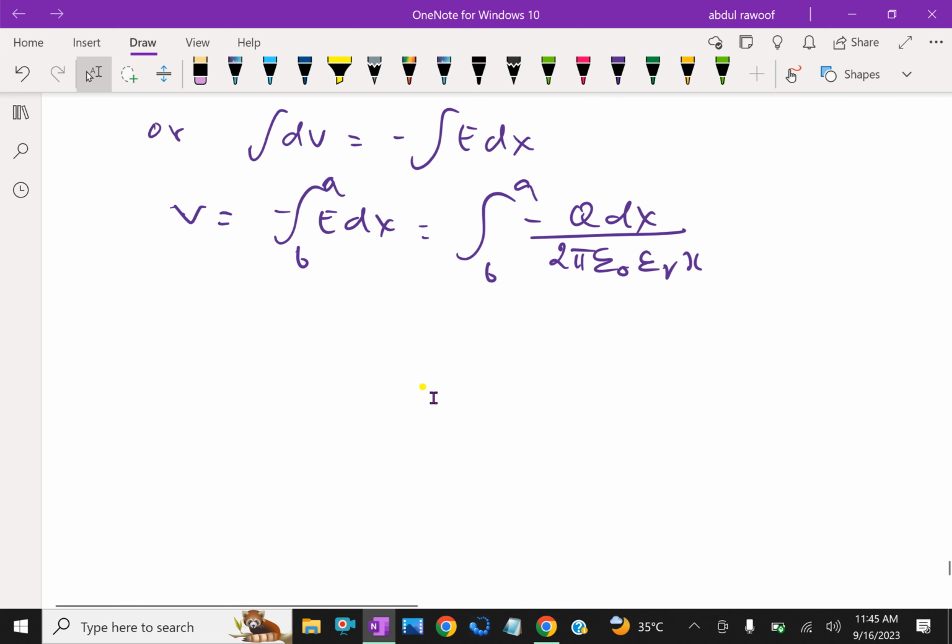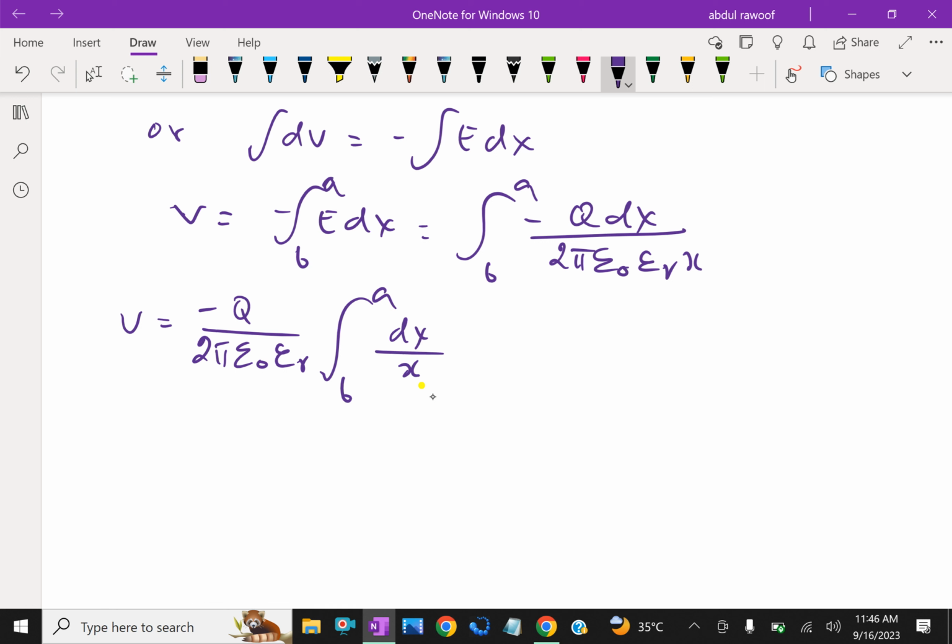Now for the simplification, we get V equals minus q over 2 pi epsilon 0 epsilon r, which is constant and taken out of the integral from b to a, of dx by x.